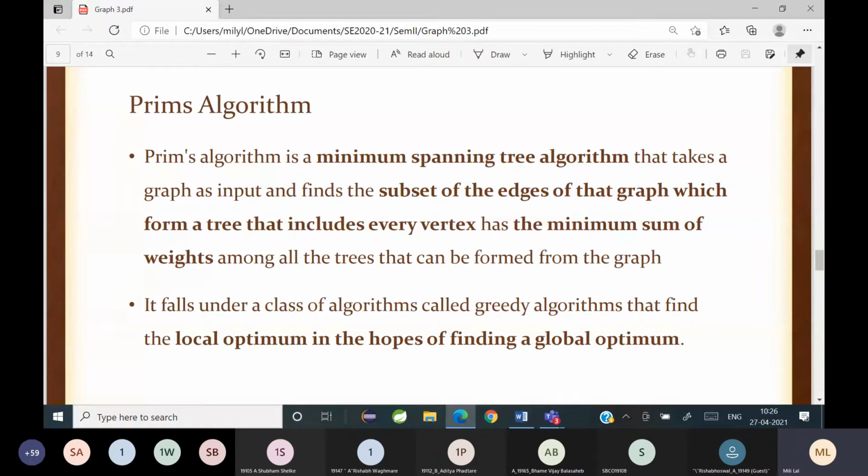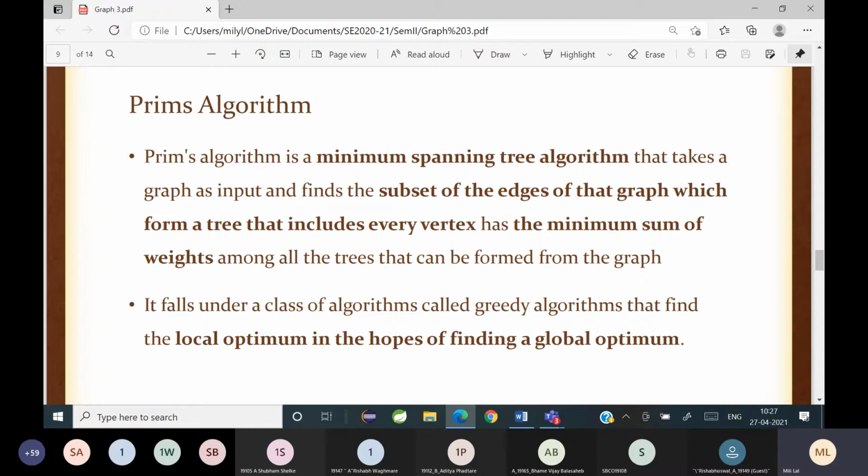And what does a greedy algorithm do? It helps you to find the local optimum or the local feasible solution in hope of finding the global best solution. So just go through it, see if you've understood, and we'll see an example.